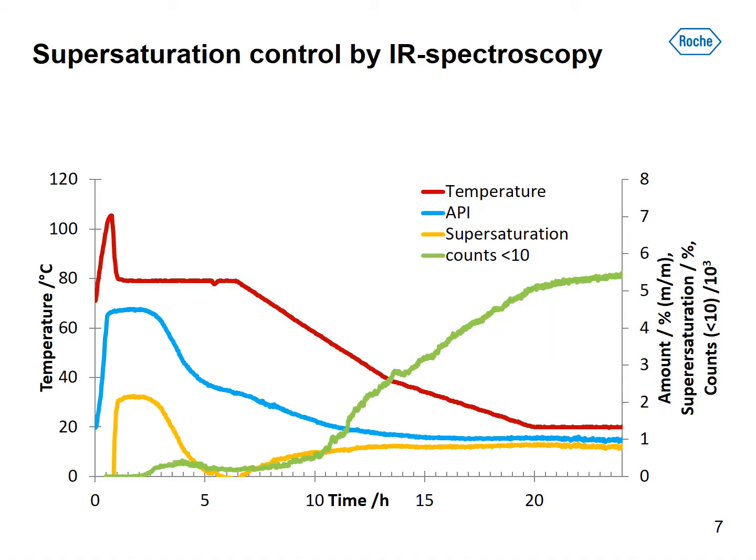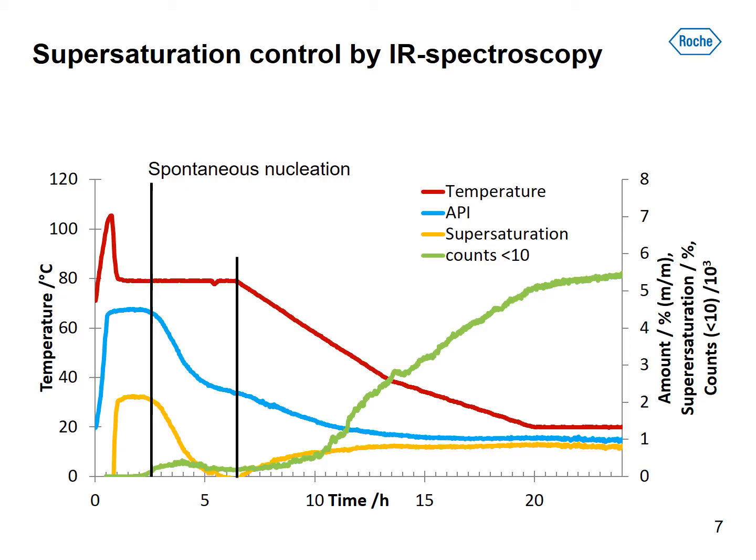The model to predict the API concentration is then used to measure the experiments. We also used the polynomial fit for the temperature-dependent solubility to calculate the supersaturation. In this experiment you can see that we have a spontaneous nucleation at this point. Then we stirred for several hours until the supersaturation was close to zero.